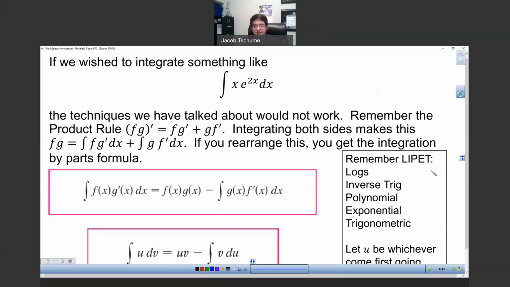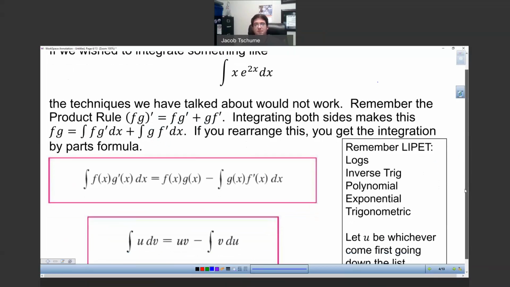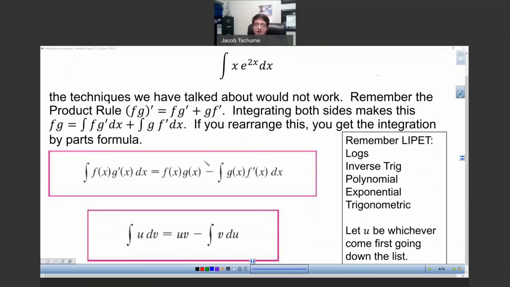Rearranging this a little bit, you are going to get a formula that becomes very popular throughout chapter 7 called the integration by parts formula. It is officially written as the integral of f times g prime is equal to f times g minus the integral of gf prime.